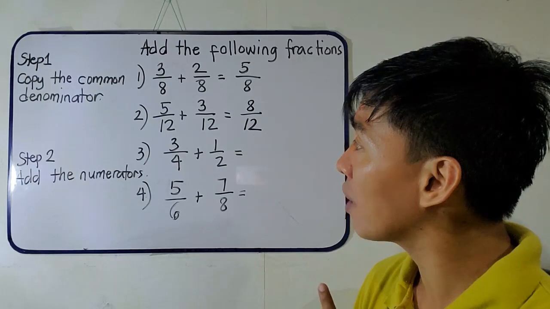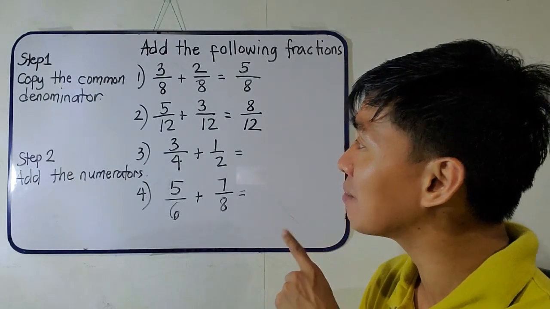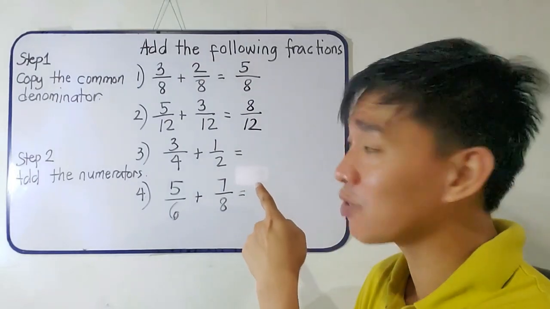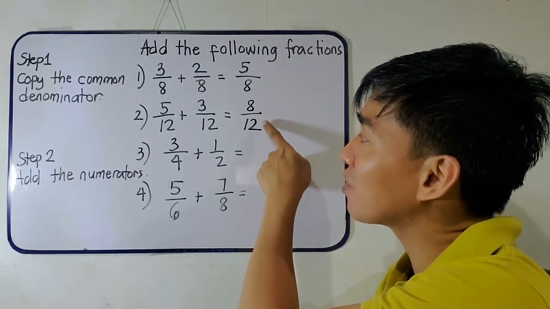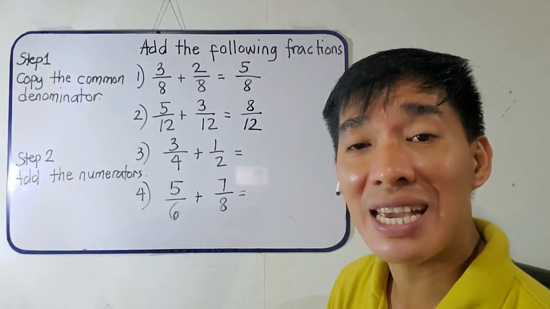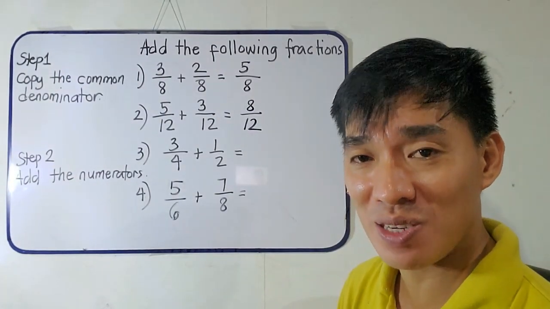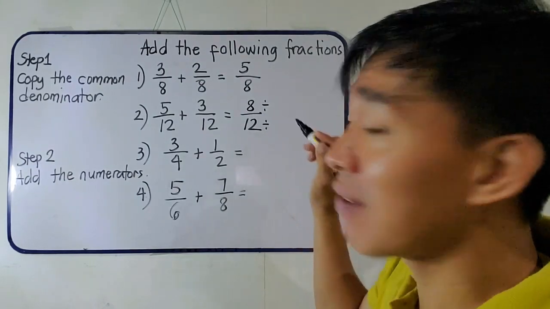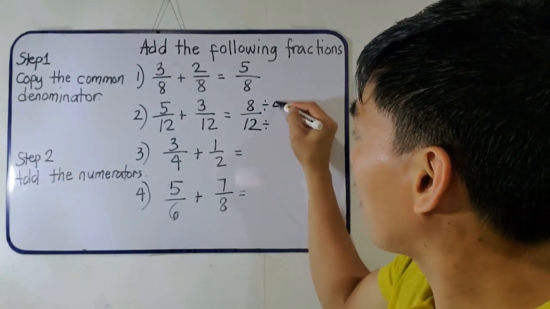So therefore, all we have to do is to look for that biggest factor or greatest common factor that could divide the numerator and the denominator in order to express our answer in the simplest form or lowest term. Of course, 8 and 12 can be divided by 4.